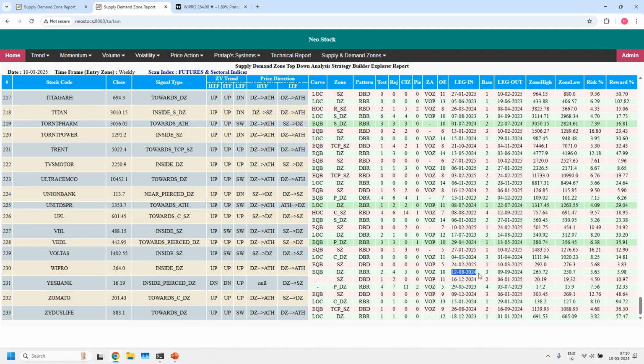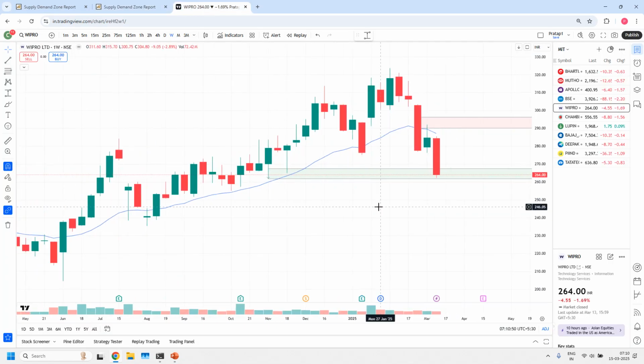That is 12/8/2024, three base candles. Sorry, 12/8 means somewhere here, July. Yeah, this is the one. 12/8, three base candles. These three.